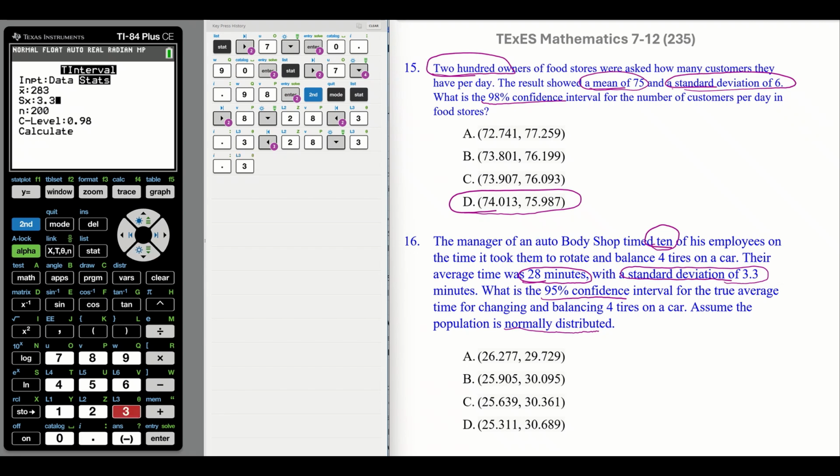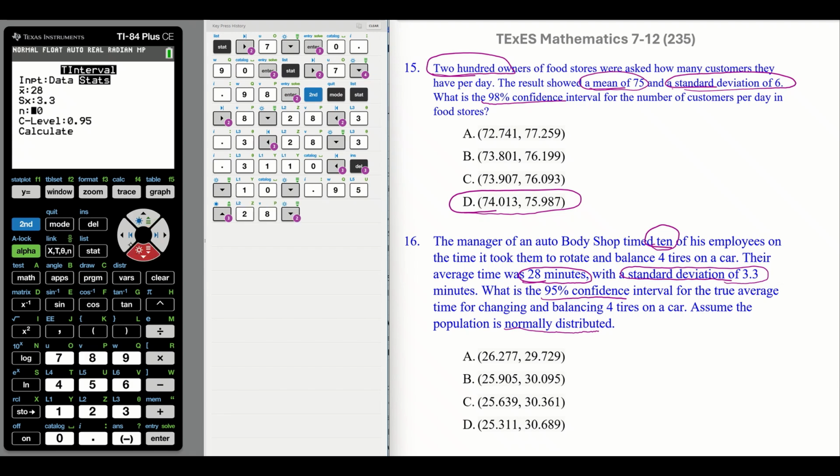Double checking those numbers. Delete, delete, delete. Now, there we go. We have 10. Now, what is our confidence level? 0.95. Double check here. Good thing we're just punching buttons and not doing tons of calculations over and over.